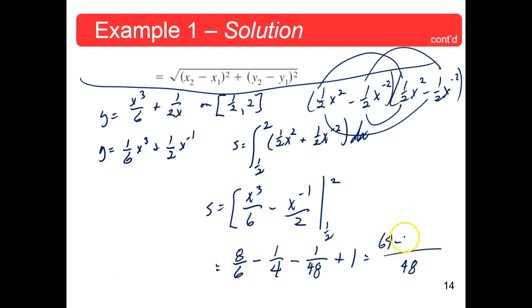Minus 12, right? Minus 1 plus 48. Okay. And that would be 112, I think around 99 over 48, which I think will reduce to be 33 over 16. Is that right?